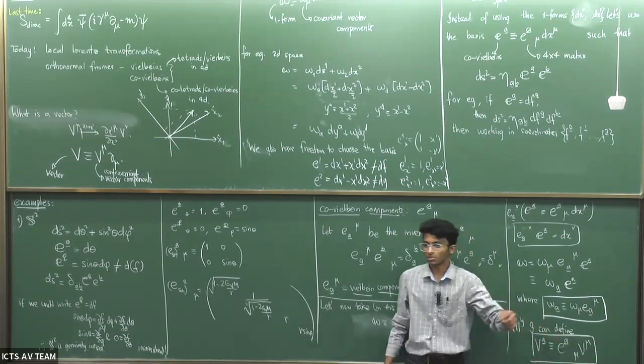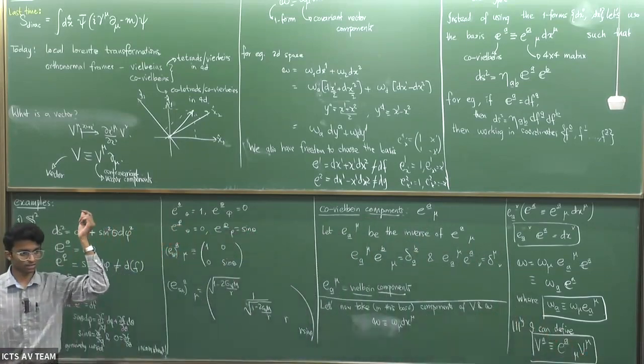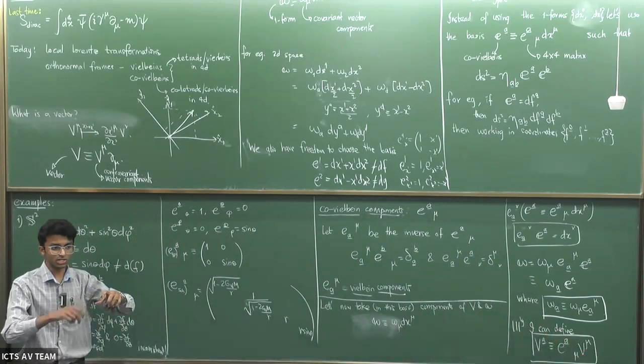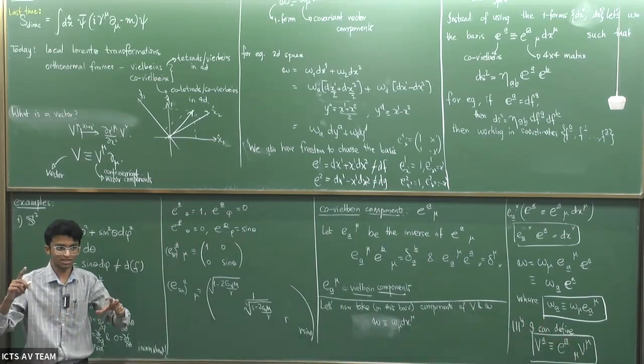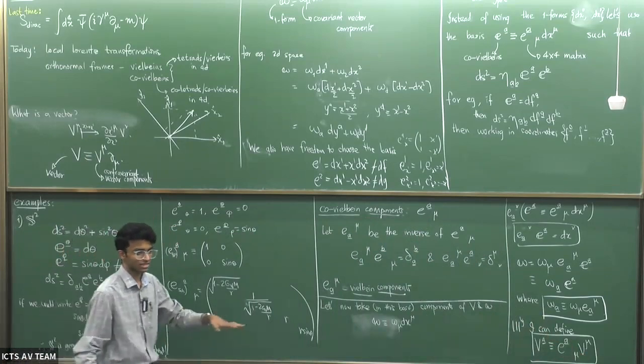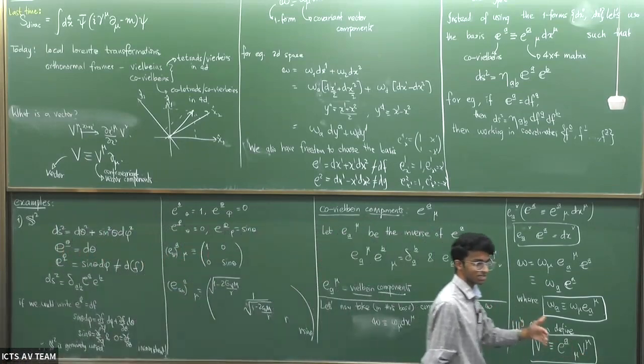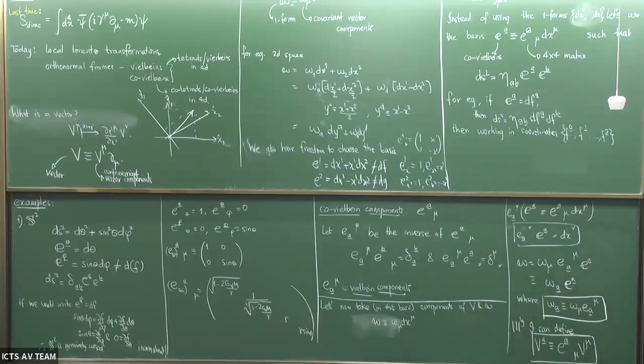So it's no surprise that for psi, the spinor in the Dirac equation, you should not just do d_mu of psi, because psi has components in the local flat space. It's a spinor in the local flat space. Okay. So anyway, that was just a quick reminder that we're still doing that.